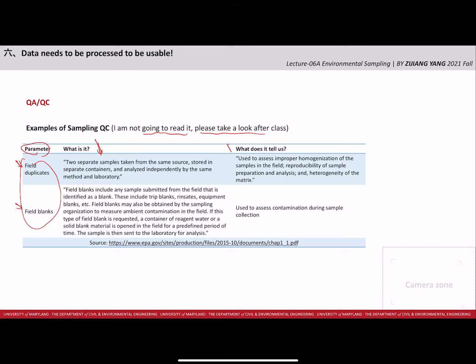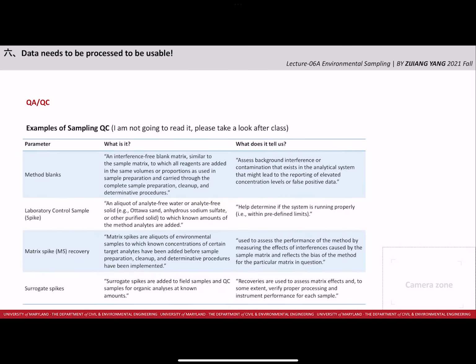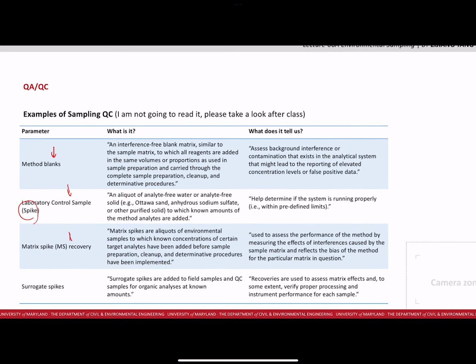And also this is the meaning of these things. So we have field duplicates, field blanks. We also have method blanks and laboratory control, or we may call spike, and the matrix spike and surrogate spike.